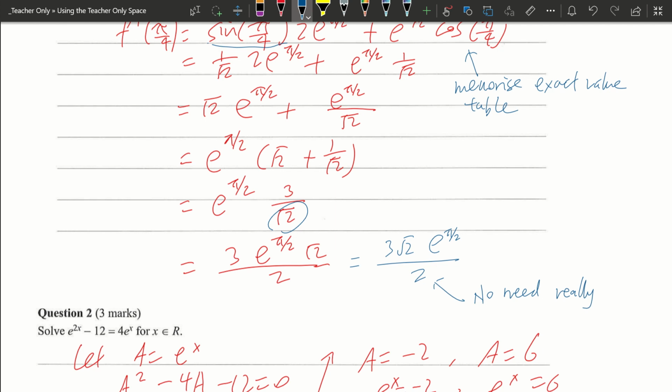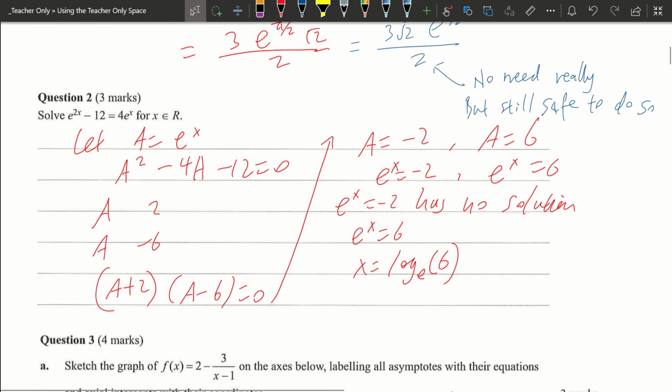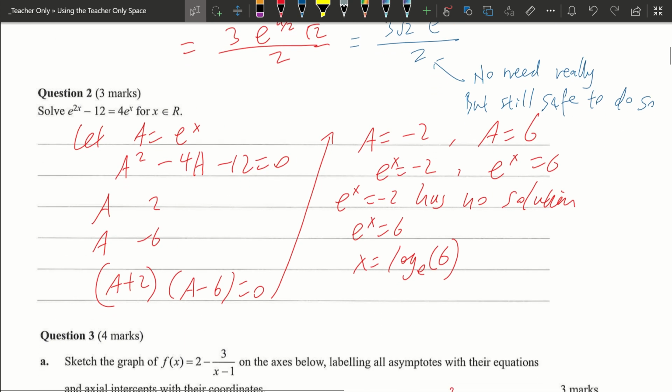But the marking scheme changes every year, because the chief examiner, the person who decides on the marking scheme, changes from year to year. So it is still safe to rationalize the denominator, even though in the past few years it wasn't really a thing in the VCAA marking scheme.